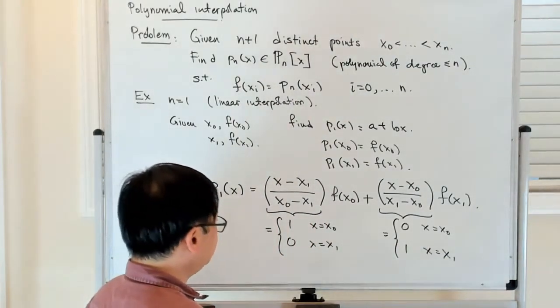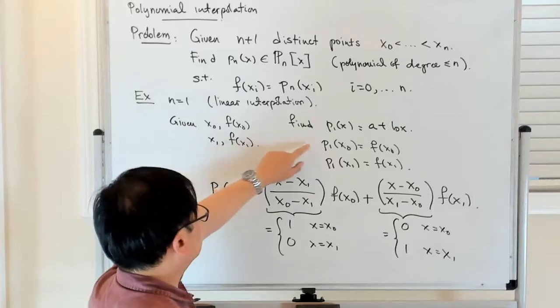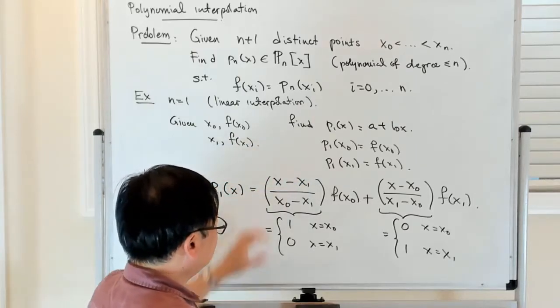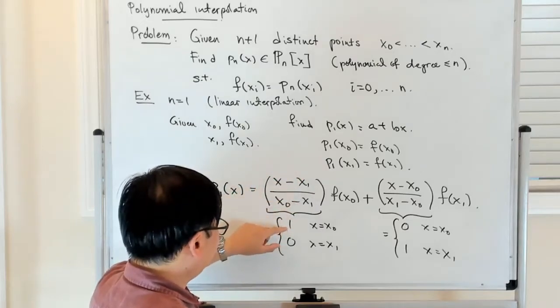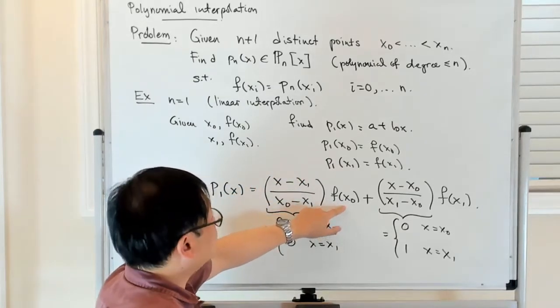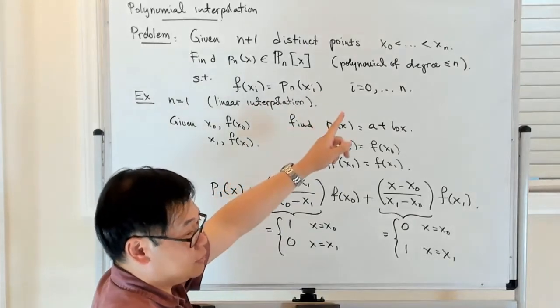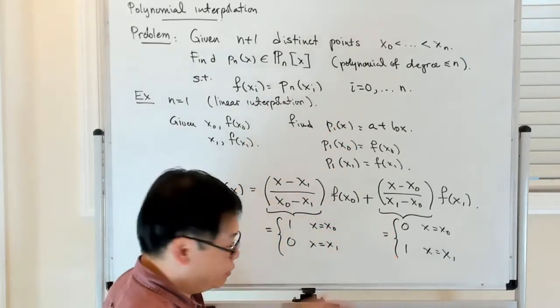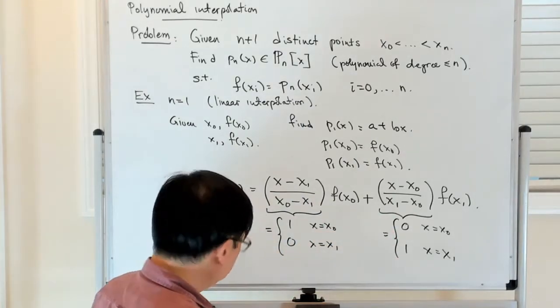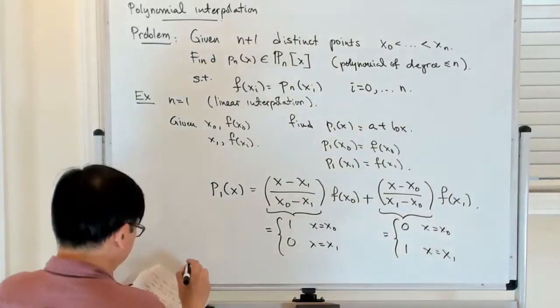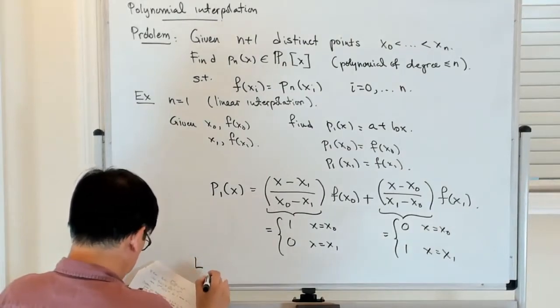So in general, if you want to satisfy an interpolation condition, you need to construct these polynomials with the property that they're 1 at a particular point out of those n plus 1 distinct points, and 0 at all the rest of the points. That's basically the construction we have here. These have special names: they are called the Lagrange polynomials.